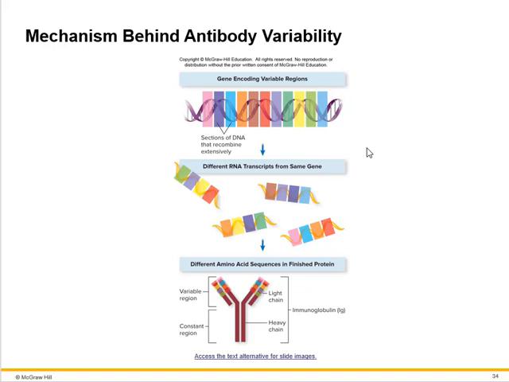So how can they respond to so many different varieties of antigens? Well, the variable region is going to pick from four different sets of genes. It randomly picks these, and they are spliced together uniquely.